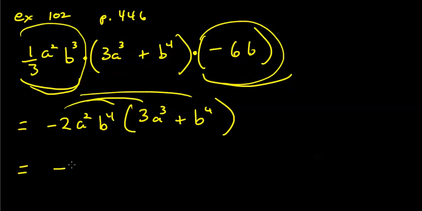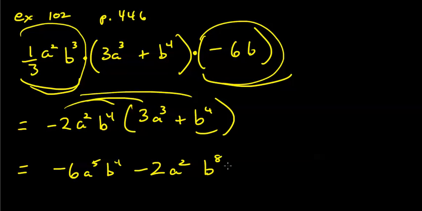I get minus 6a to the fifth b to the fourth. Be careful, it's so easy to make a mistake. And then minus 2a squared b to the fourth times b to the fourth gives me minus 2a squared b to the eighth. Oh, I almost made a mistake. Look at that. b to the fourth times b to the fourth is b to the eighth.